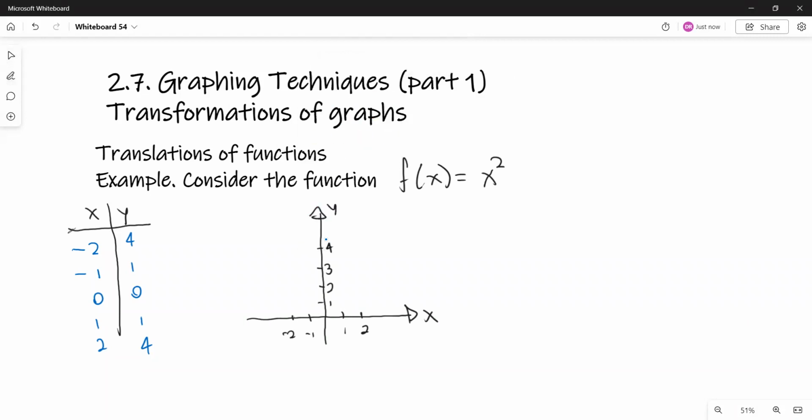The points on this function are (-2, 4), (-1, 1), (0, 0), (1, 1), and (2, 4). So we connect the dots. The graph is called a parabola. That's a function we did.